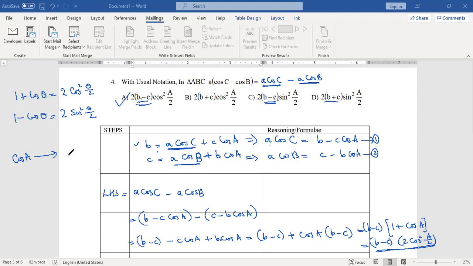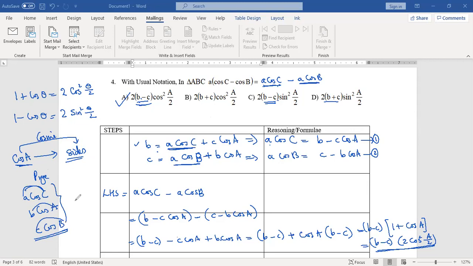When we need to convert it in terms of the sides A, B, C, the lengths of the sides, then we apply the cosine rule. When do you apply the projection rule? When A with cos C is present, B with cos A, C with cos B: a side with a different angle, again a side with a different angle. Then we apply the projection rule. Is it clear to you?